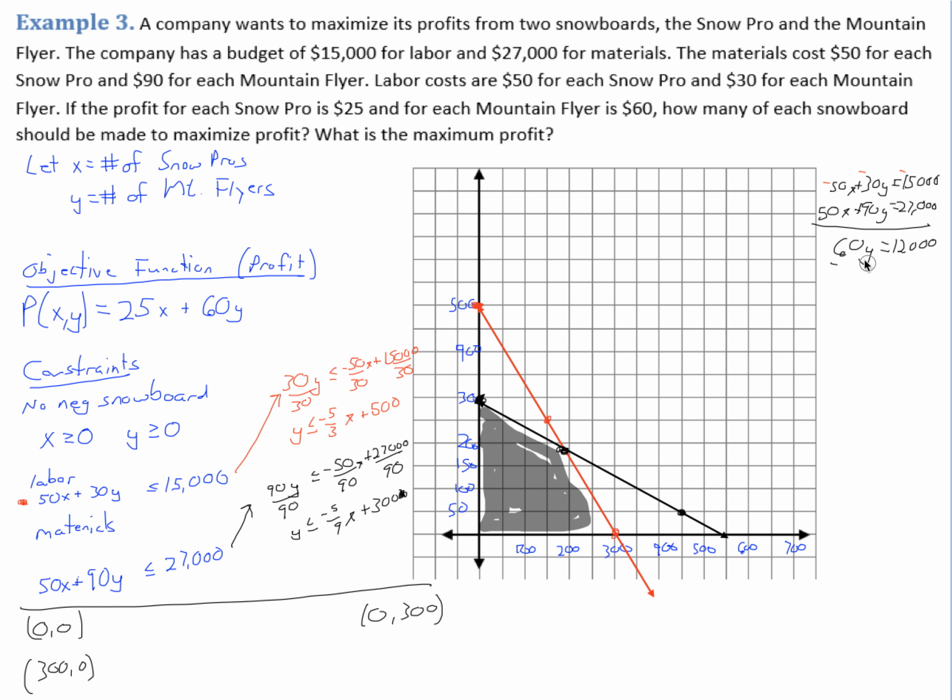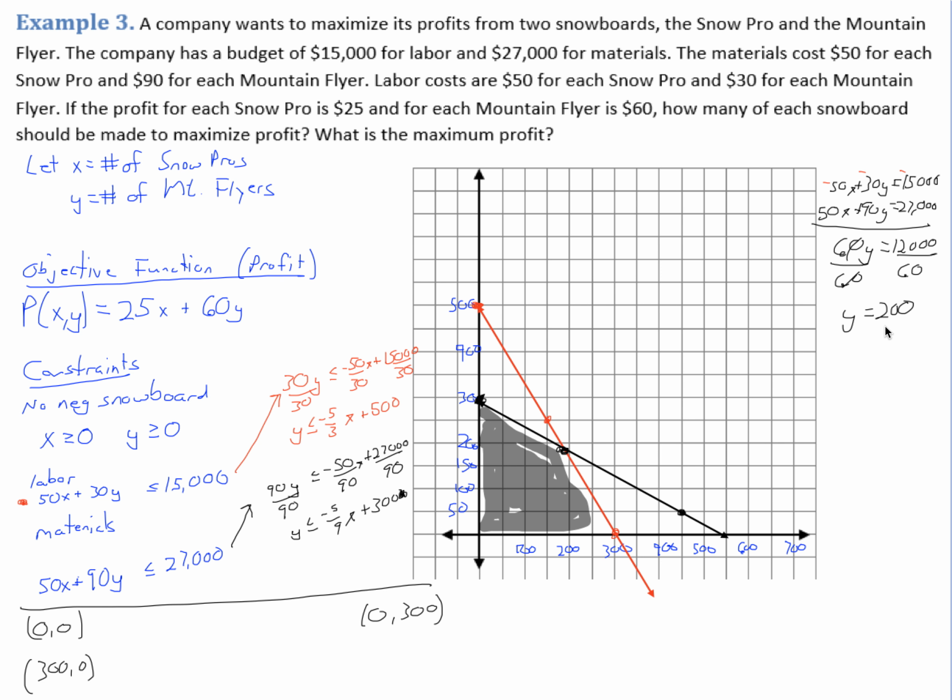And then dividing both sides by 60, we get y is 200. Which is interesting because it didn't quite hit 200 here. But maybe my lines were off a little bit with my points or something.